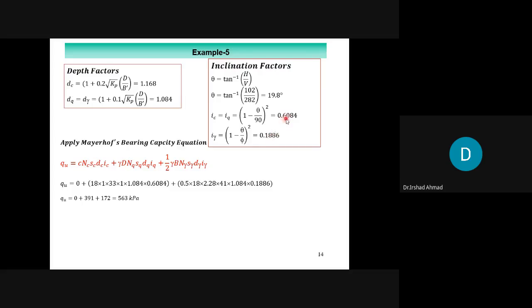So inclination has a huge effect on the ultimate value of the bearing capacity. Now you got the ultimate bearing capacity. Now you find the factor of safety yourself from this ultimate bearing capacity and tell me what is the factor of safety against shear failure.